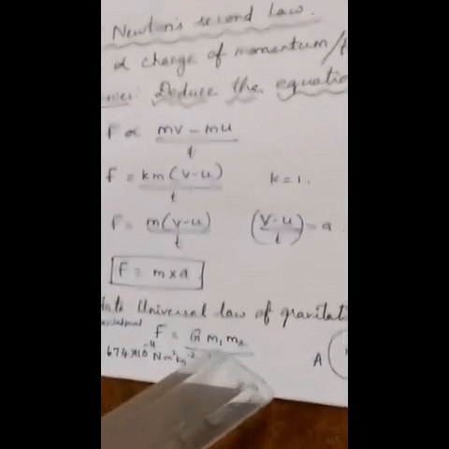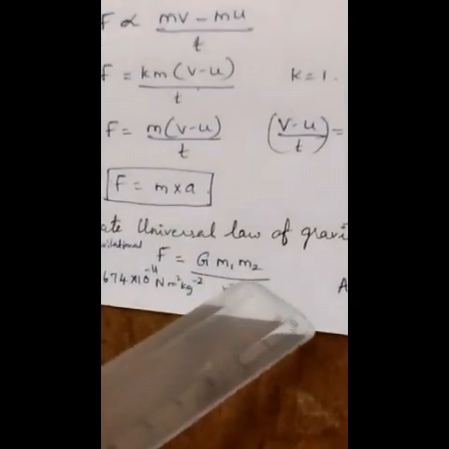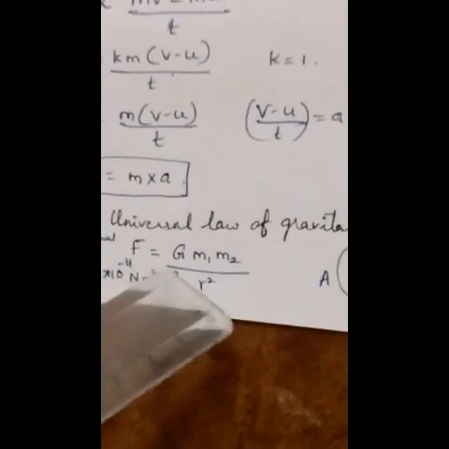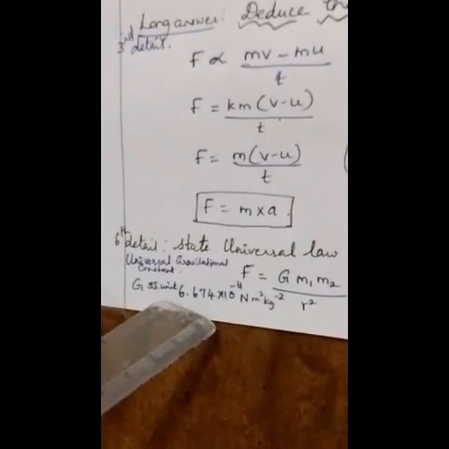The distance between the two masses is considered as r. Now they are deriving the equation. F equal to one constant term G, that is the gravitational constant, G into m1 into m2 divided by r square. This G is called the universal gravitational constant.